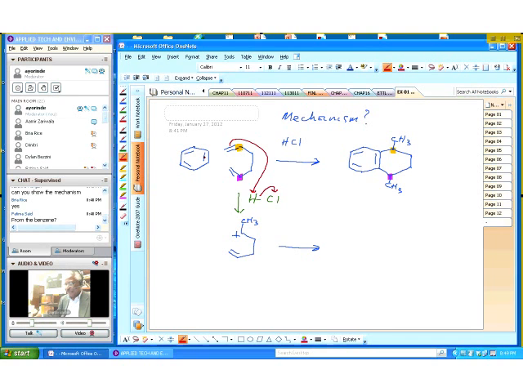Okay, so we have this. This comes here and attacks this, right? Once it does that, of course we have hydrogen here. We also have hydrogen here. So that will give us this here. That's what you are asking me. But what I was doing was simply giving you the final product.